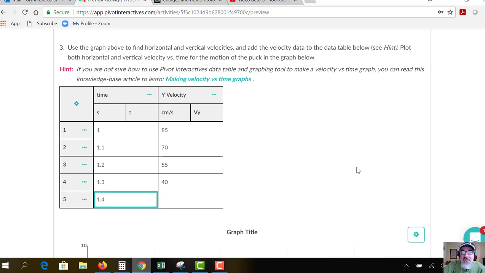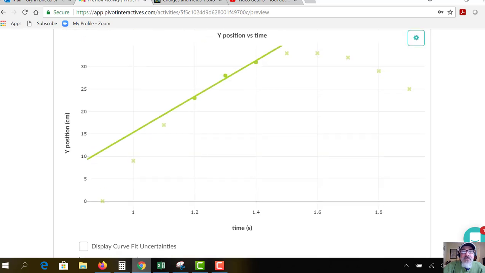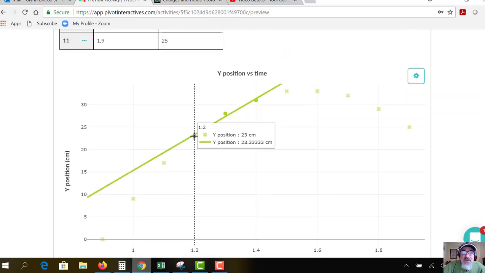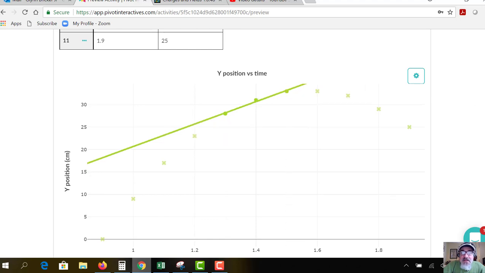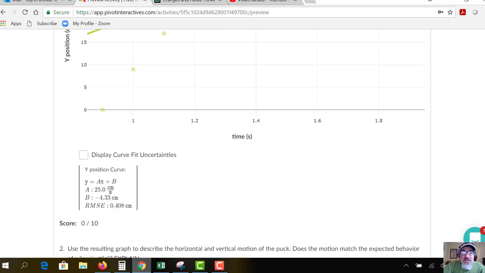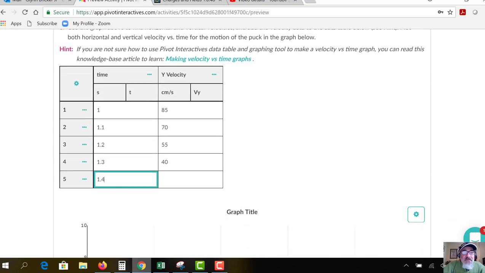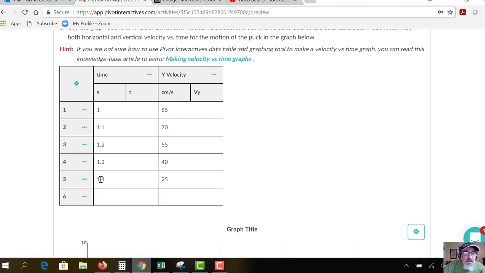1.4 seconds. Let's see what we have. Deselect this one. Click that one. Okay, so at 1.4 seconds, we have 25. And I'm going to have to add some more rows. So let's see, insert row below, insert row below while I'm at it.